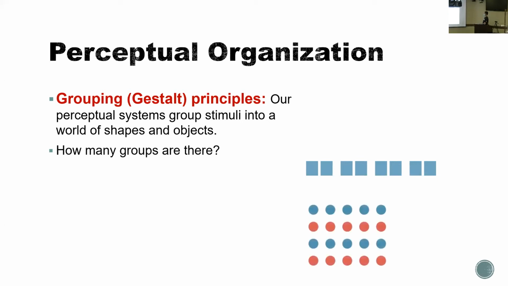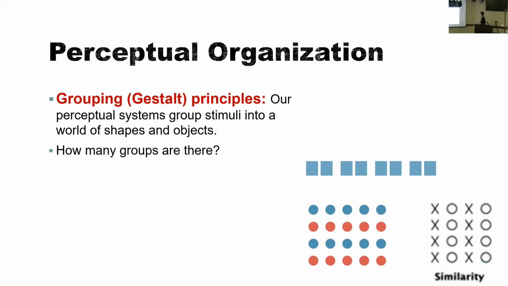How many groups are here? 4? You guys agree? Do you think 2? Yeah. So for those who say 4, which 4 are you talking about? Those? Okay. And 2 colors? Okay, so it's still like that.